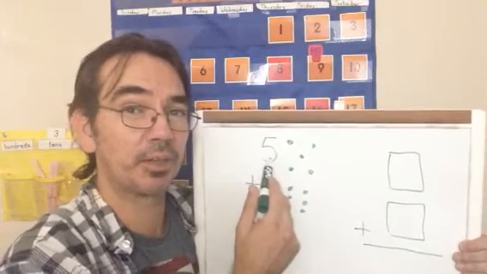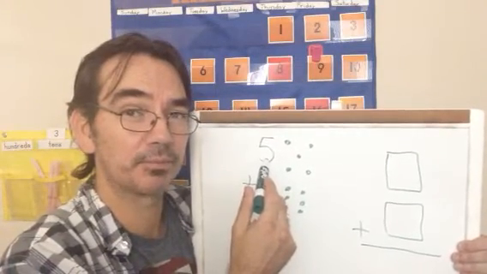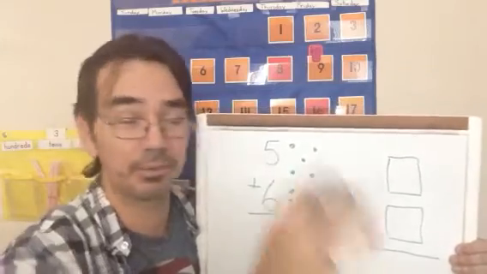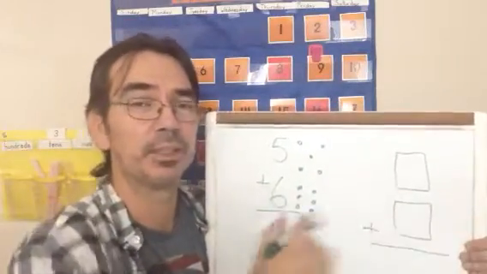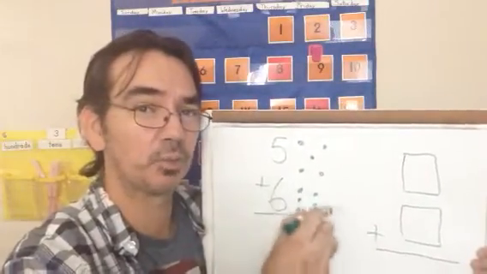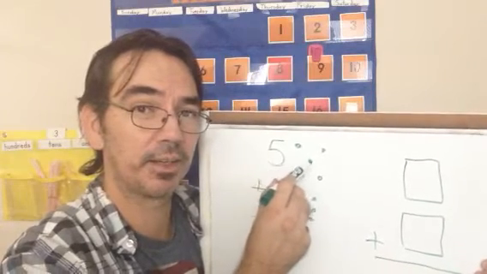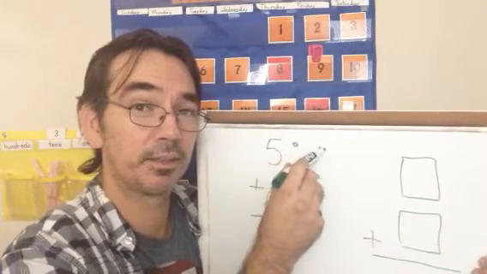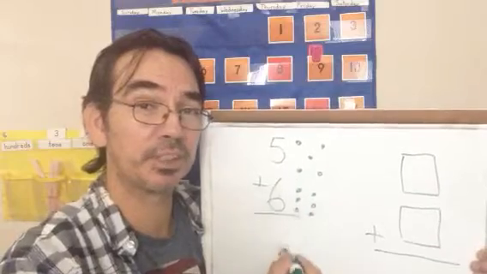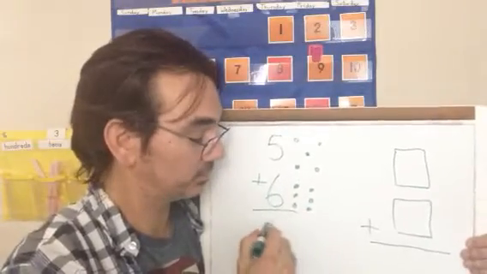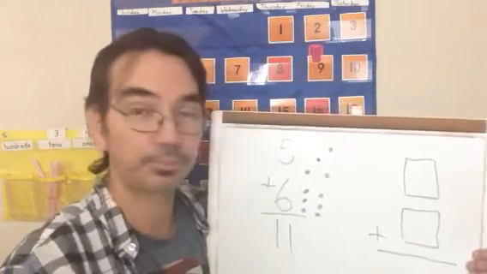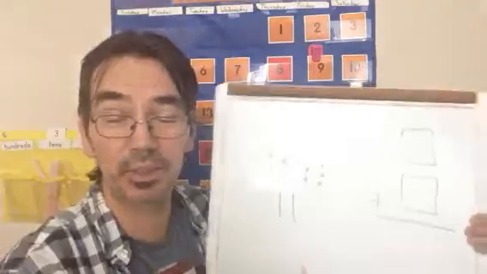And I'm going to count on 5. Okay, so I'm going to start at 6 and count on 5. That means I don't have to go back to 0. I already have 6. So watch. 6, 7, 8, 9, 10, 11. So 5 plus 6 equals 11. There we go. So we solved that problem.